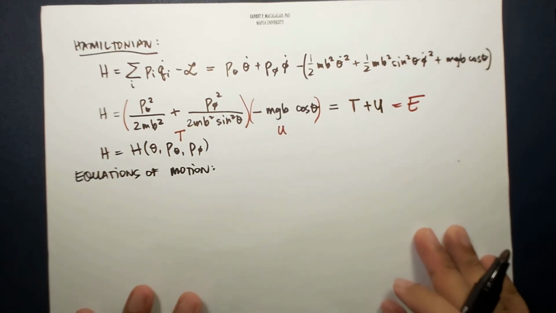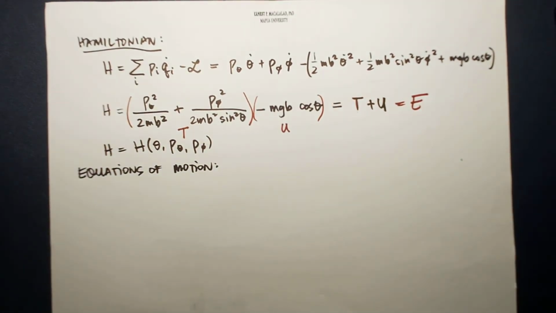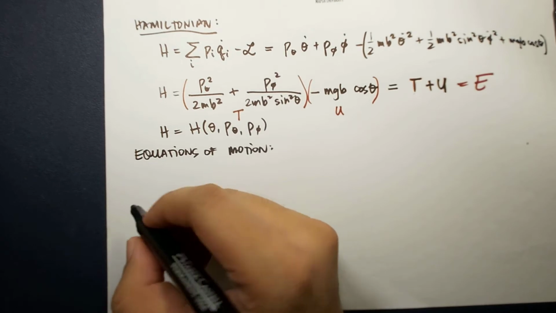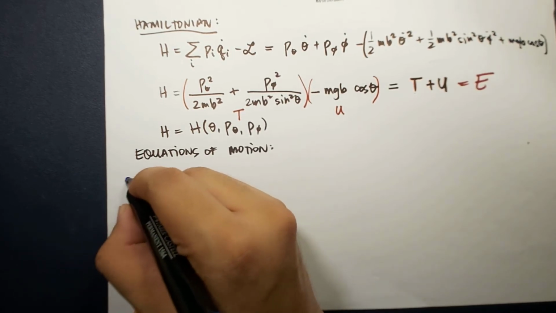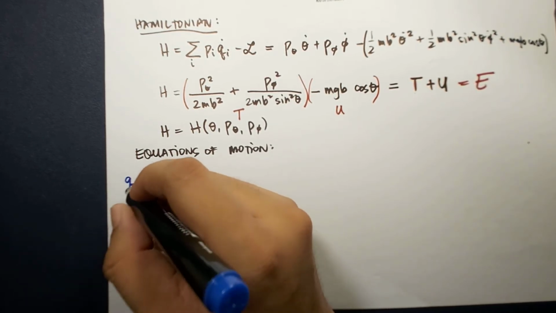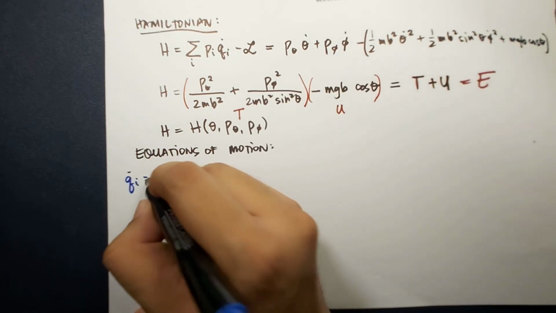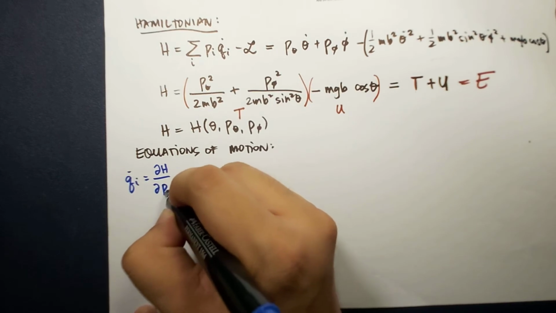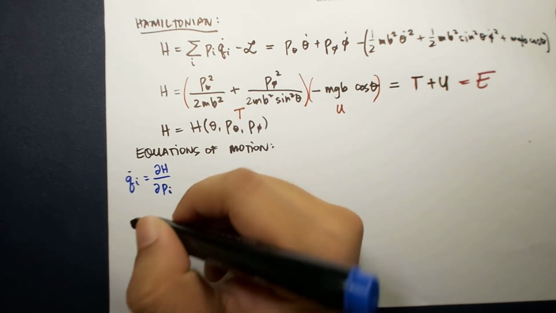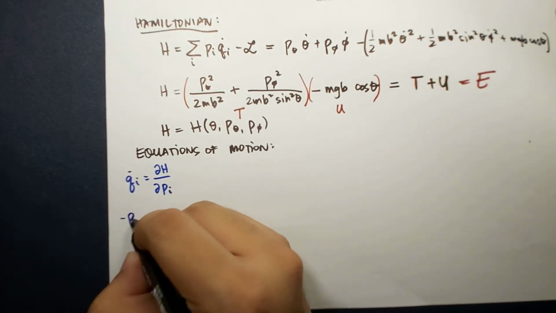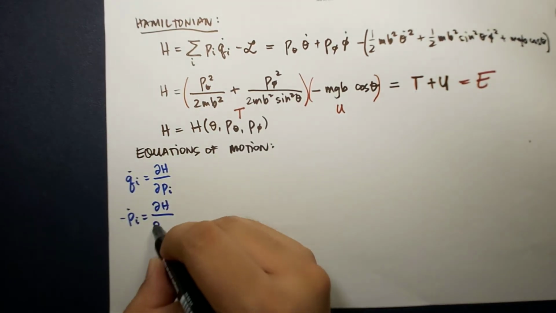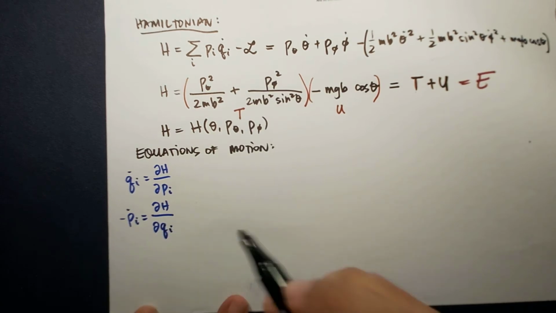Now the equations of motion. Let's rewrite first the general equation. We have q i dot is equal to the partial derivative of H with respect to p i, and negative p i dot is equal to the partial derivative of H with respect to q i.